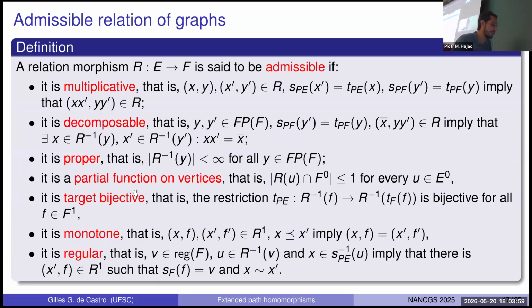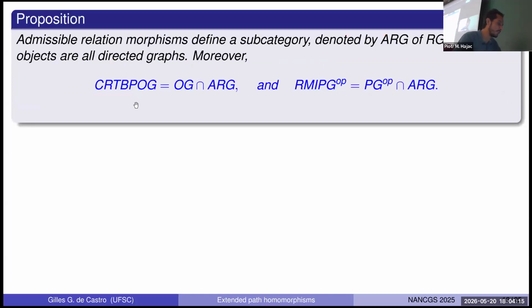I gave the example here, just recalling, but we need a little bit more to have this path homomorphism. Then we showed that there's actually no subcategory of RG that contains these two, POG and PG, and makes the construction of K algebra functorial.